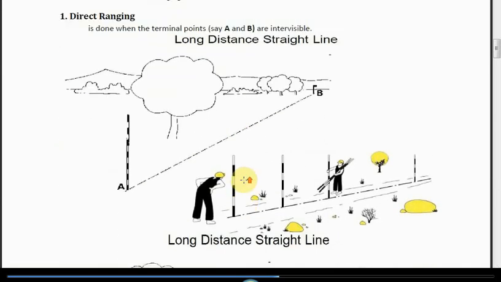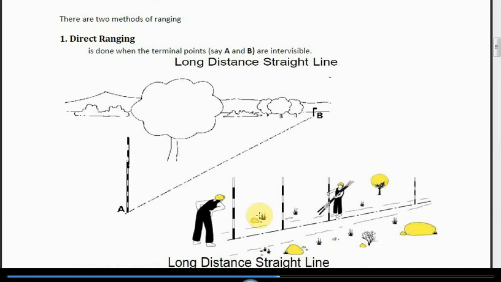Now there are 2 types of ranging: direct ranging and indirect ranging. In direct ranging, the terminal points are intervisible, that is point A and point B. We want to range a straight line between point A and point B. So a person standing at point A can see a person standing at point B. So points A and B are intervisible.